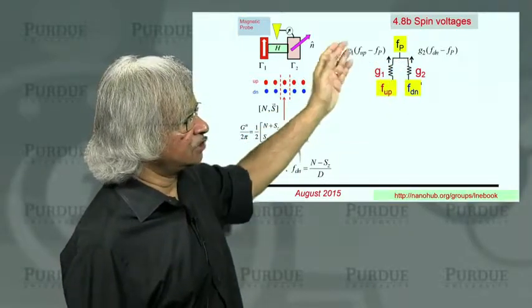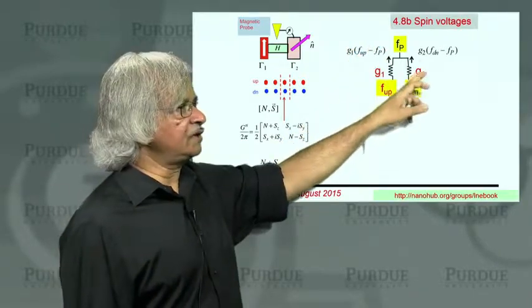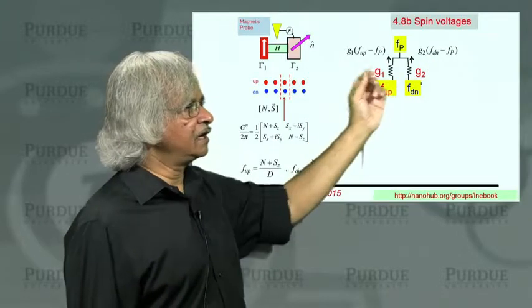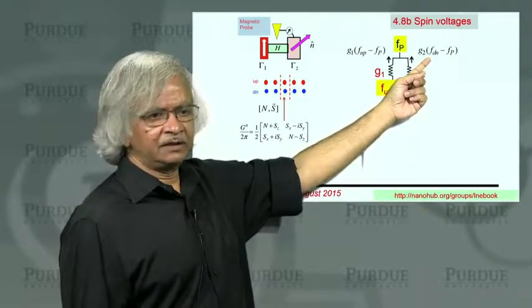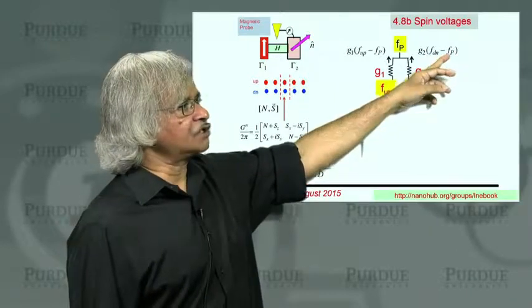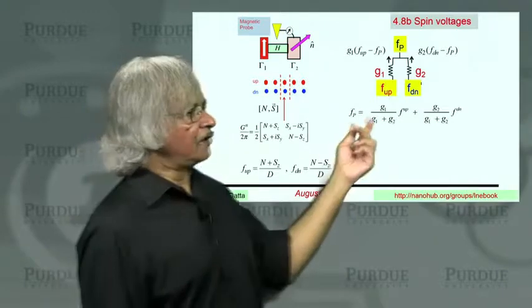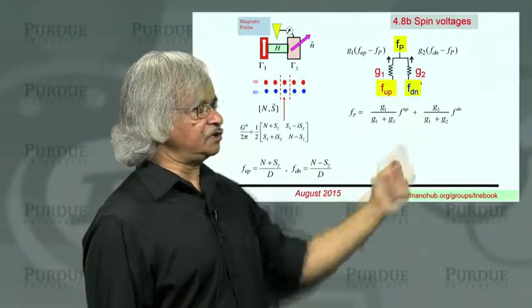Well, it's proportional to the conductance times the potential difference. And this one is again this conductance times the corresponding potential difference. Now, if I set this plus this equal to 0, then with a little algebra, I can solve for Fp. And that will give you Fp equals this quantity in terms of G1 and G2.